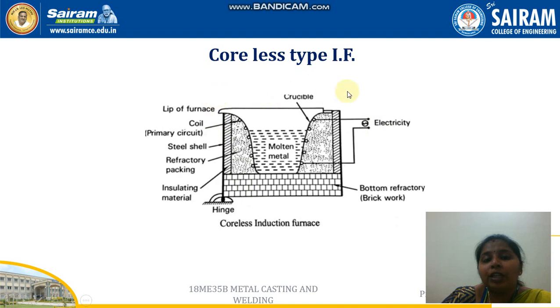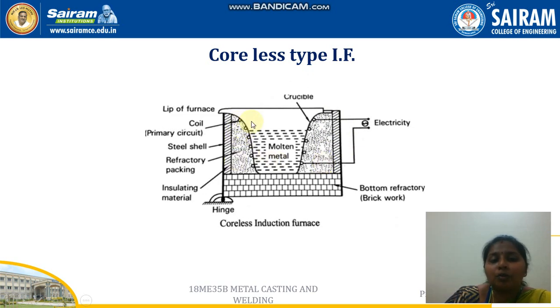This is how the coreless type induction furnace looks. There is a crucible placed inside, along with some refractory at the bottom. Usually the refractory is on the side, but here there is refractory at the bottom also, and the side is surrounded with insulating material and packed with refractory.